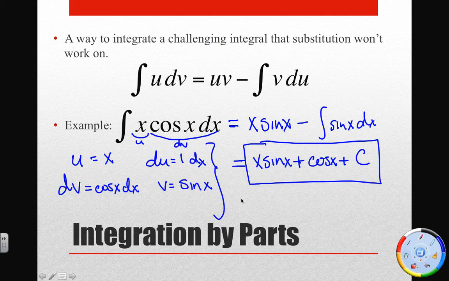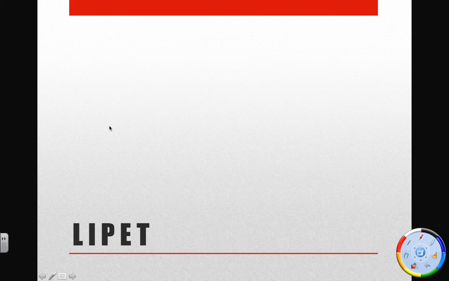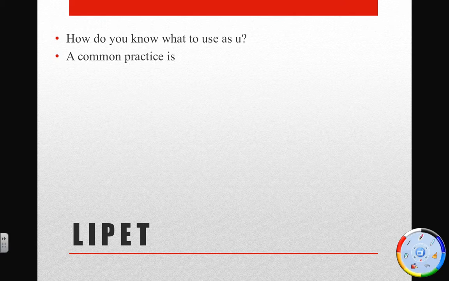The problem is, just as with substitution where you had to figure out what the substitution u was, here you have to figure out what to use for u. We're going to use a little acronym that the textbook mentions down in the corner. How do you know what to use for the function u? A common practice is the acronym LIPET.